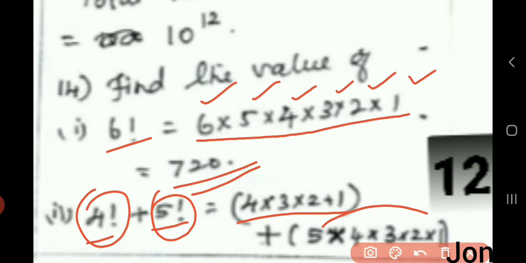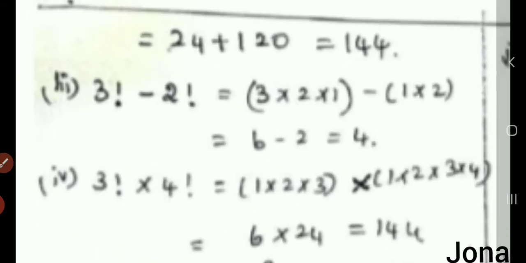So 4 factorial is 24 and 5 factorial is 120. So in total we have 144.